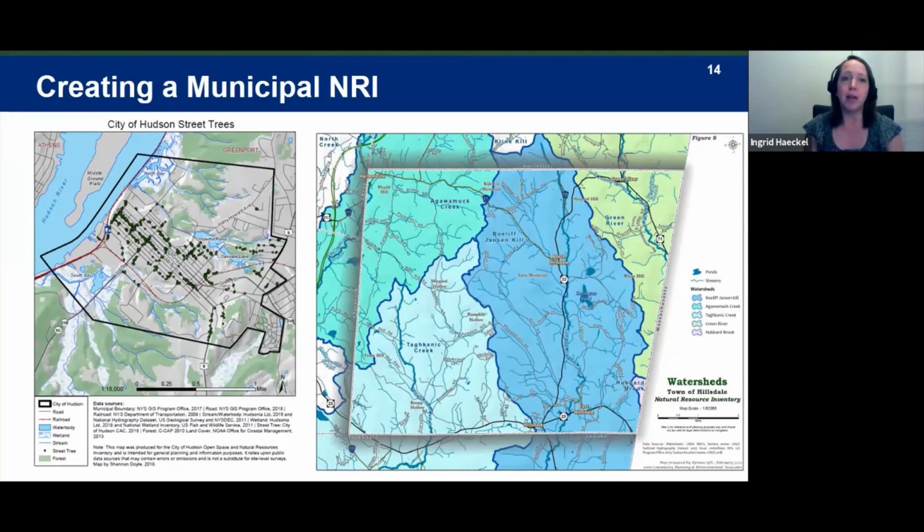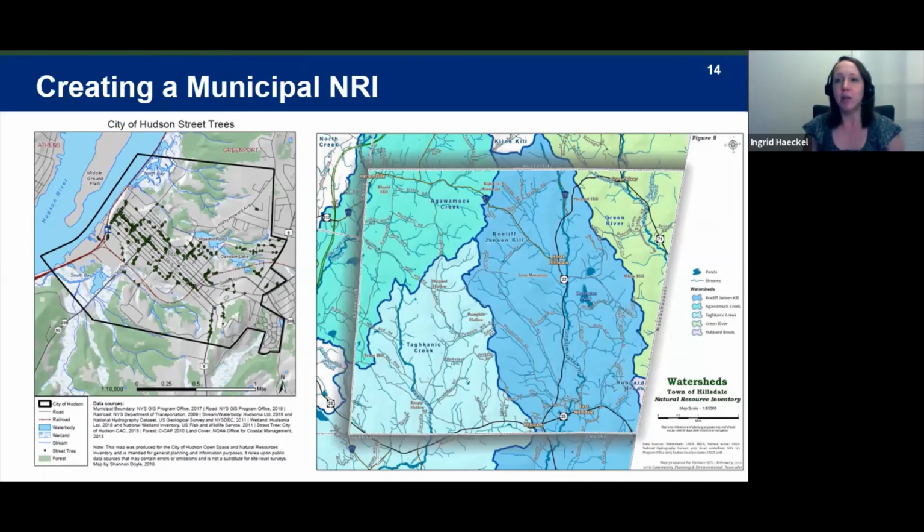For example, in Hudson, the CAC used this project to update their street tree inventory, and they also dug into some issues around open space access and use in the city. They were also lucky to get Hudsonia to come in and help with some habitat mapping. In the Town of Hillsdale's case, they included more fine-grained stream mapping, in this map shown here, than was available in the county inventory.